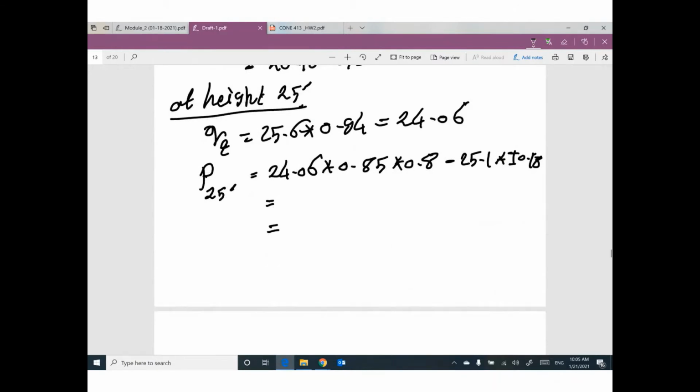The first one will be 11.8. The second one will be 20.9 pounds per square foot.